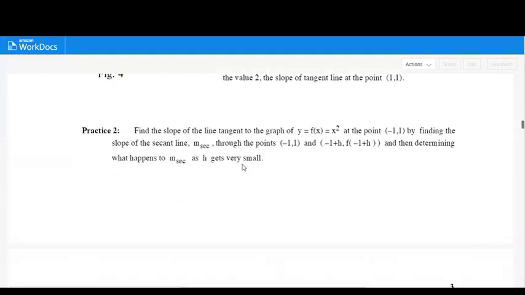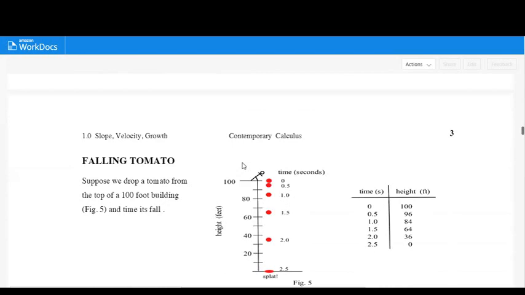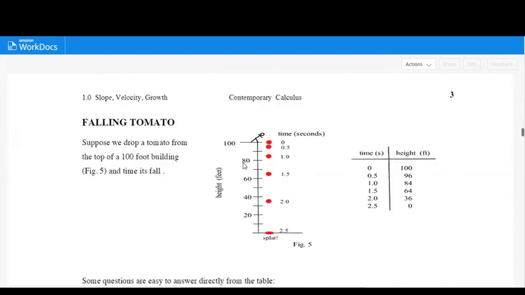Okay, so we have another practice problem here. Next, we have, for example, a falling tomato. Suppose we drop a tomato from the top of a 100-foot building, dito sa figure 5, and time its fall. So ito na yung record mo na time.